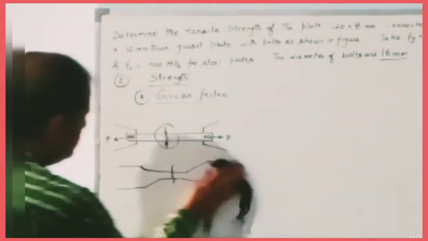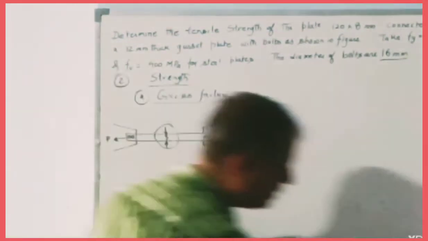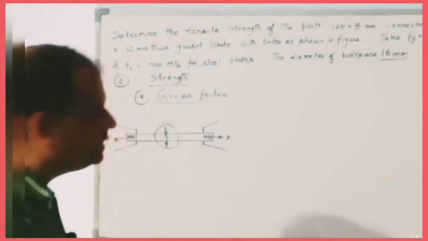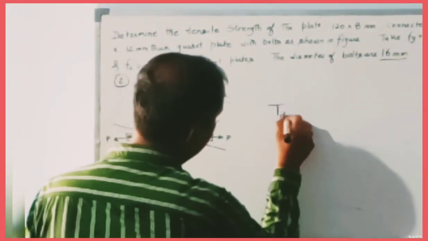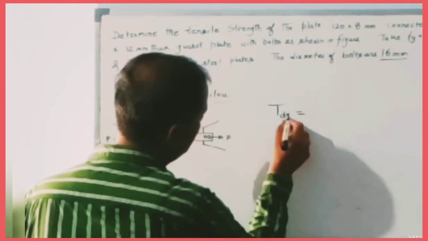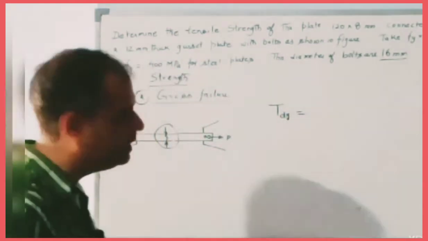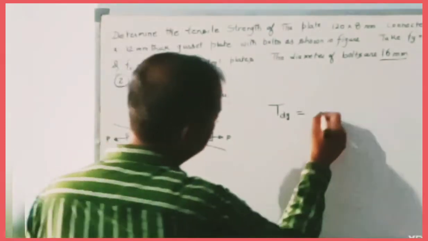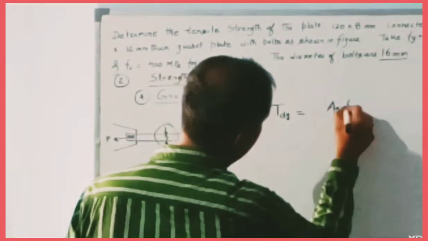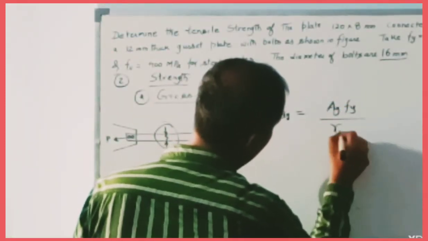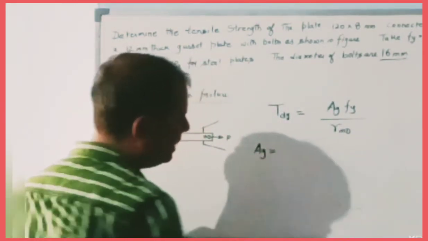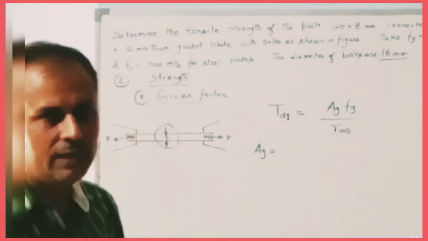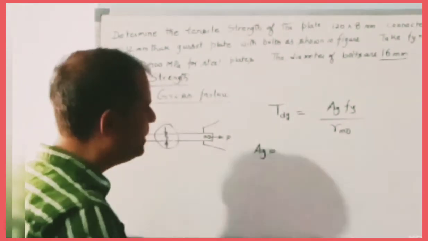The formula used in calculating the gross failure strength of a tension member is Tdg, where g represents gross failure tension strength. It is calculated by the formula Ag Fy upon gamma m0. Here, for the gross area of the plate, I am going to take the least thickness plate, that is the main plate.